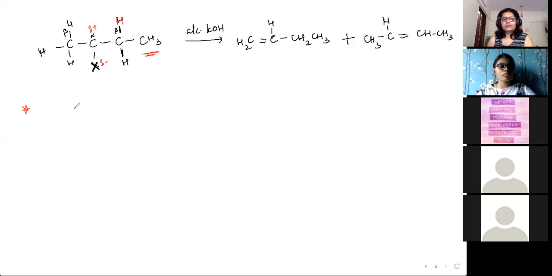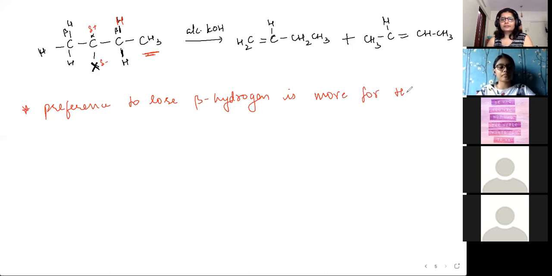So the preference to lose a hydrogen from the beta carbon is more for the carbon bonded to a greater number of alkyl groups.